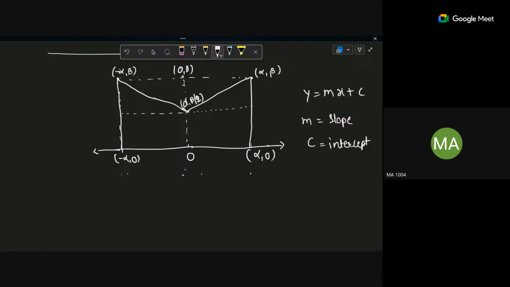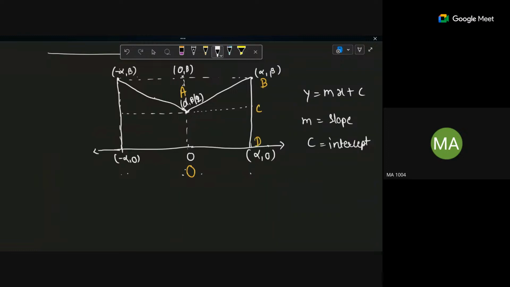Now it's again divided at this point, which is beta by 2, and the same, and it's a symmetric graph. So I will just give a name to each point. Let's say it's O, A, B, C, and D.